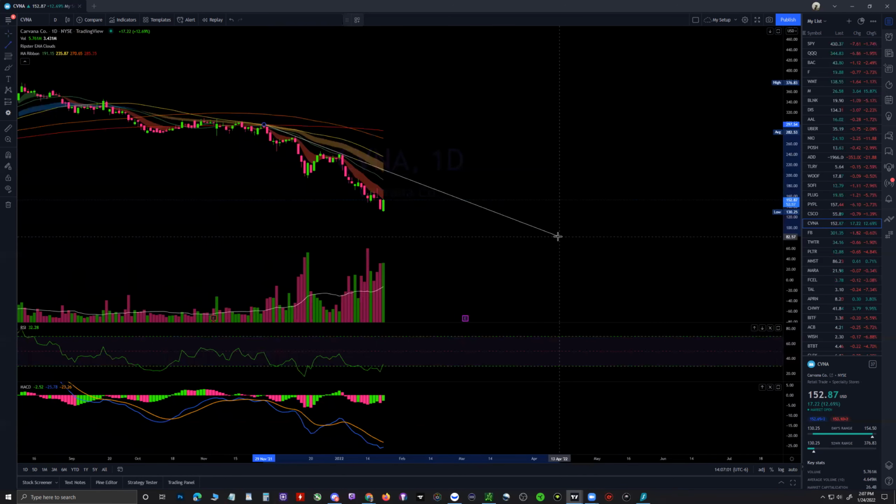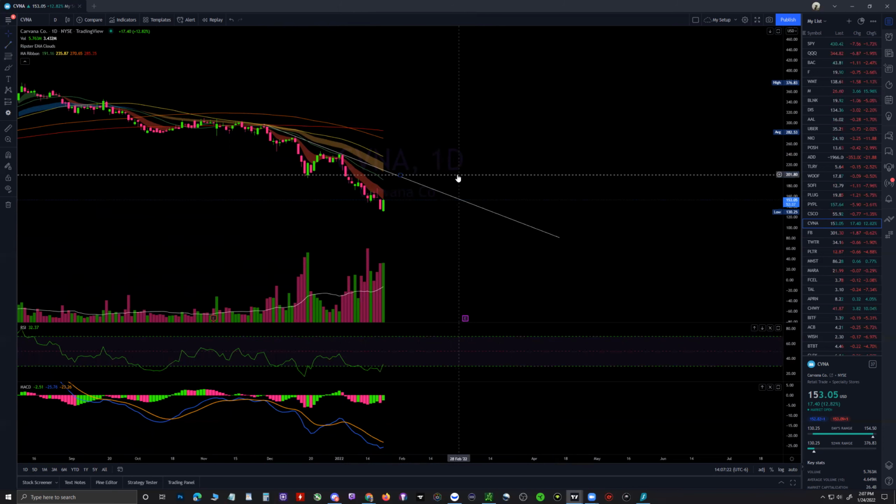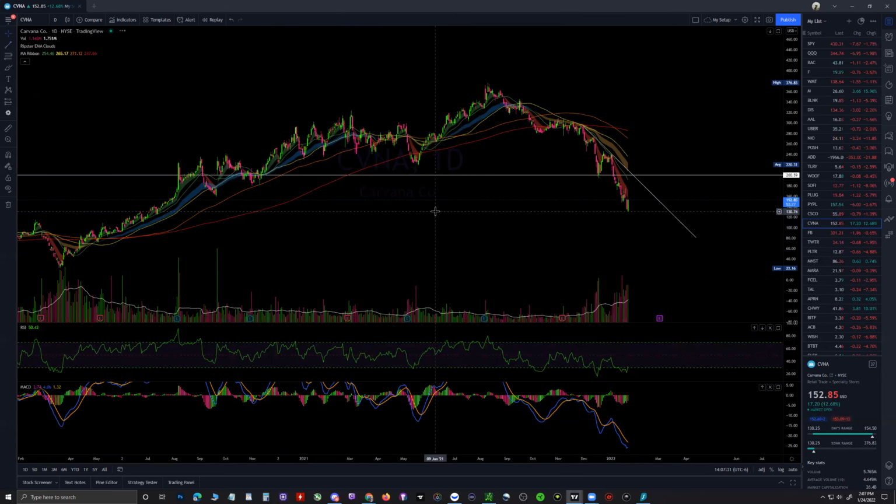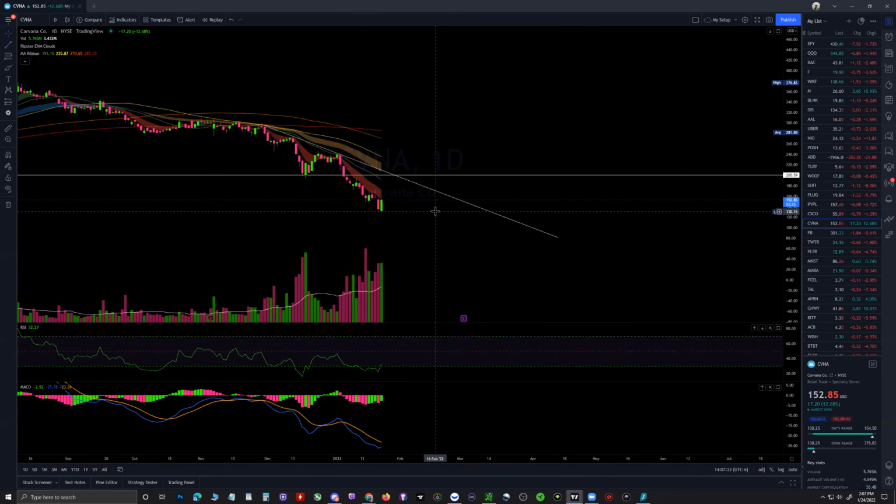Something like this instead. And let's set some support and resistance lines. So we've got some support right here, which could act as new resistance. And it looks like we've got some support where it bounced off of today.